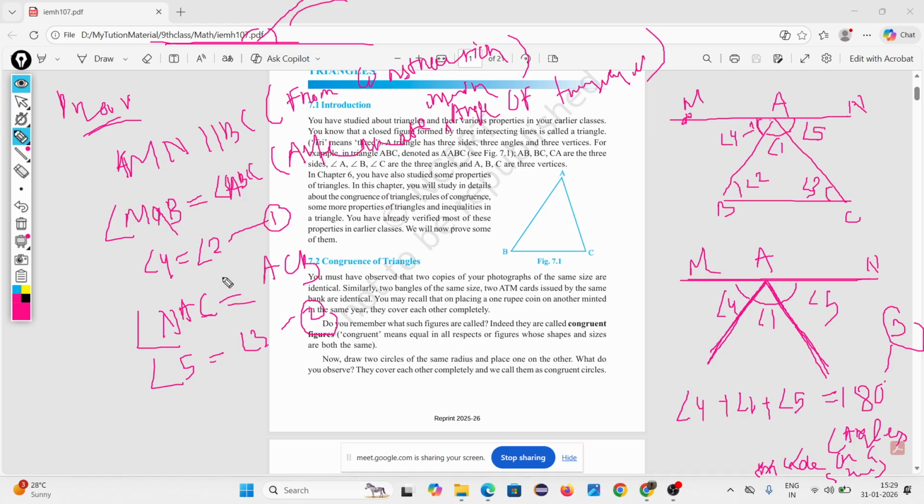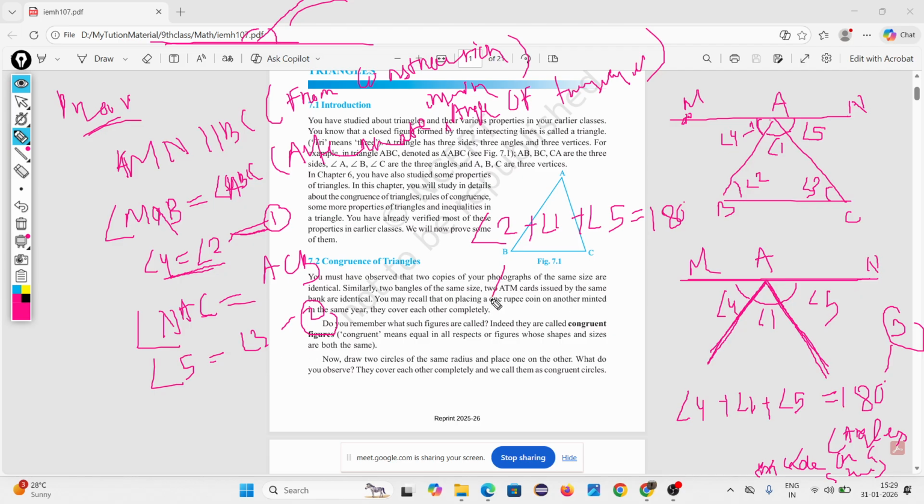Okay, look. From equation 1, angle 4 equals angle 2. So in place of angle 4, put angle 2 in equation 3. Angle 5 equals angle 3.